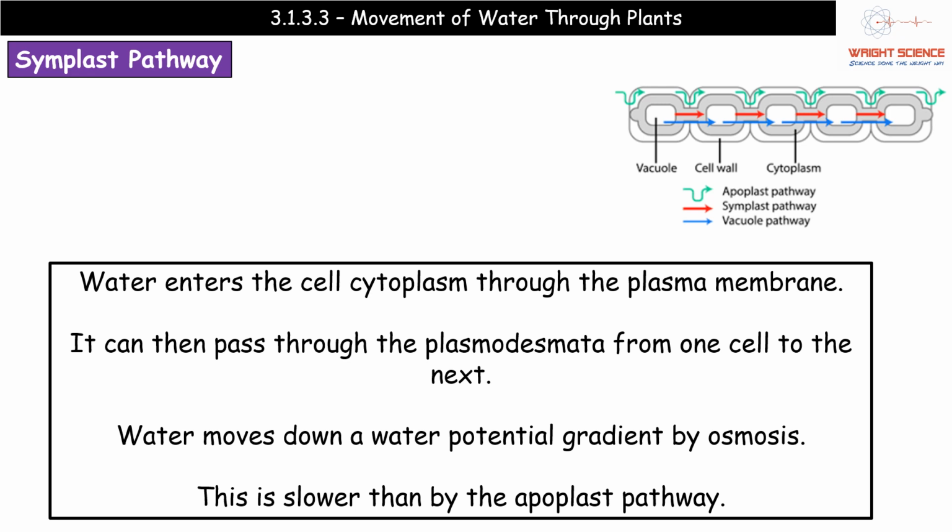Now, once that water has entered the cell cytoplasm through that plasma membrane in that first cell, it's able to pass through those structures called the plasmodesmata, which go from one cell to the next. So what we're finding here is that our water is going to move down that water potential gradient by the process of osmosis. Key thing to remember is Symplast is slower than the Apoplast pathway.